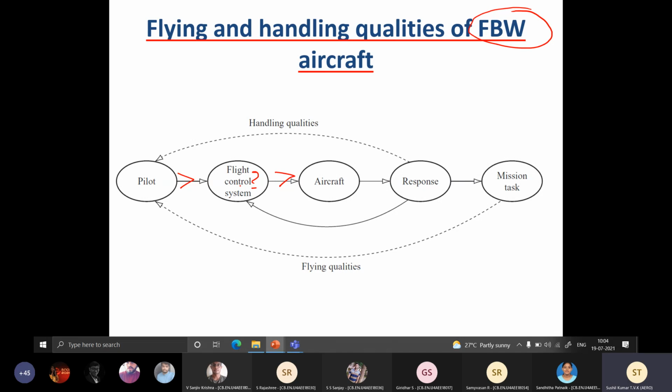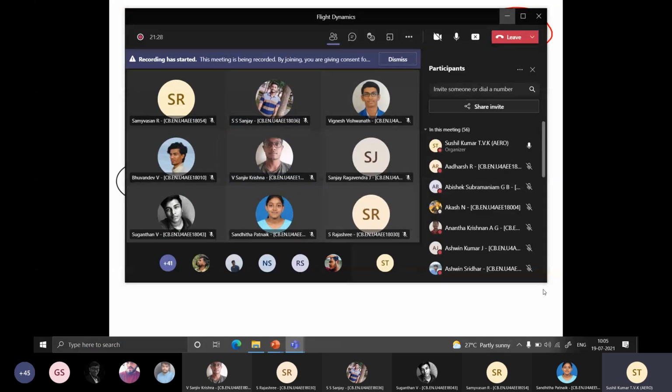Like, I don't know, some of you must have driven cars which are having eco mode, sport mode, city mode, and all. No? So, with the flick of a switch, you will find that the response of the car changes. Anyone has driven a car with such modes? So we don't have money to buy such cars with such modes. Even normal cars, no, hatchbacks nowadays they have these modes.